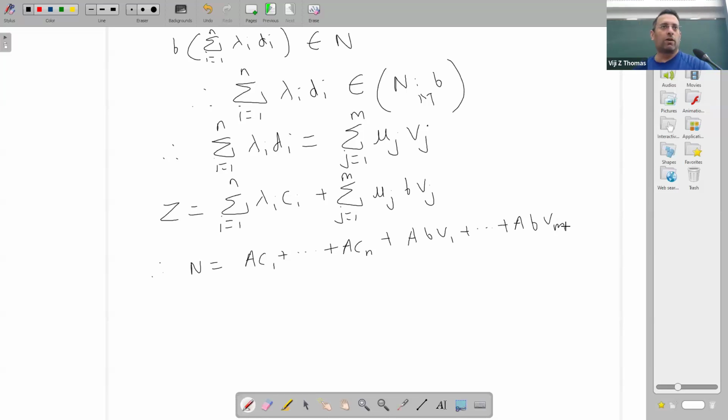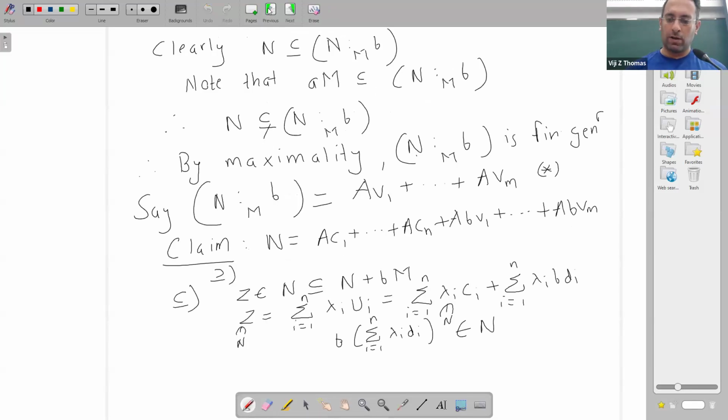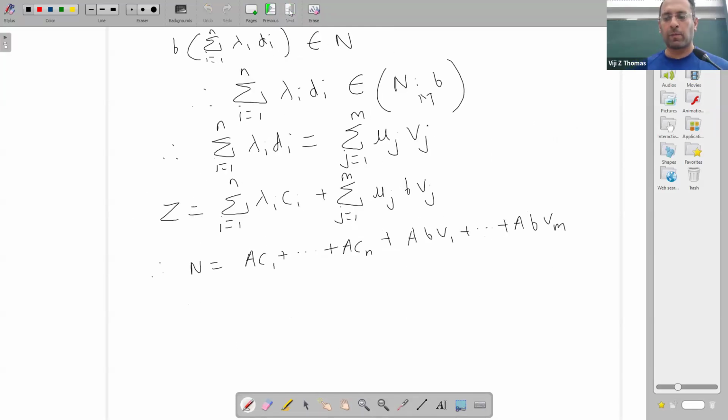Right? This is what we wanted to prove. Here was the claim, and we have proved the claim. Therefore, N is finitely generated, N is a submodule of M.